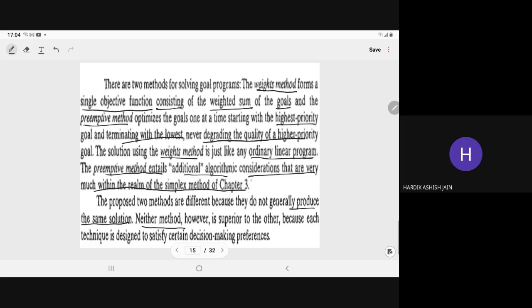We can never say that one particular method is superior to the other, because each technique is designed to satisfy a certain decision-making preference.